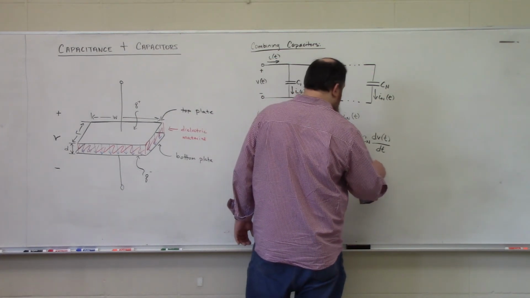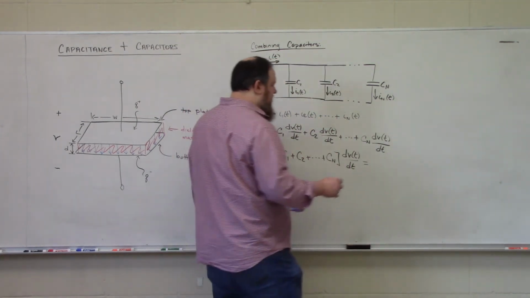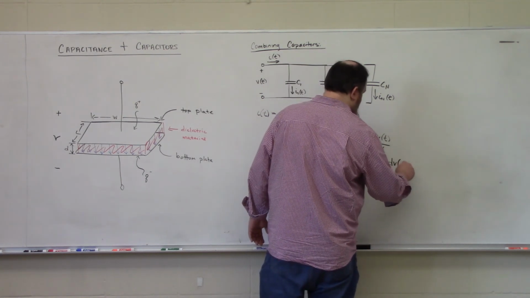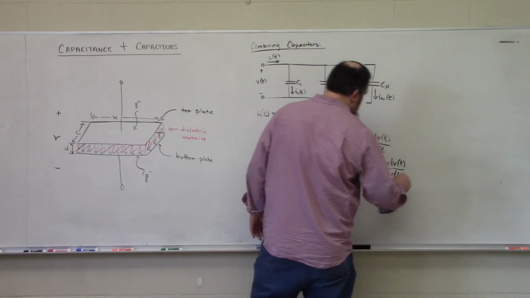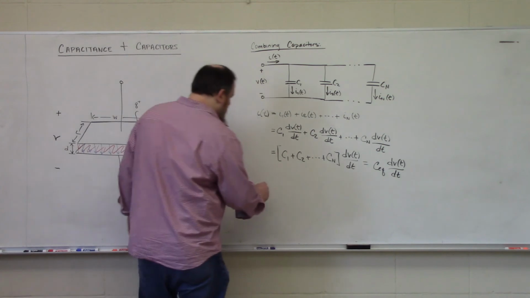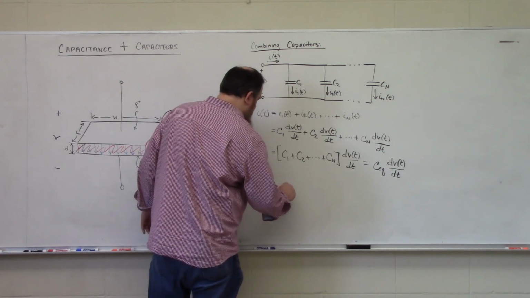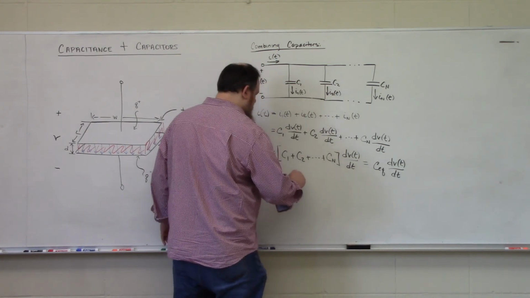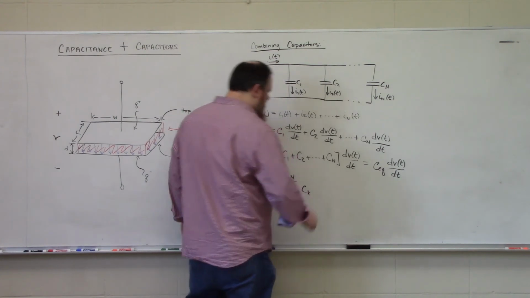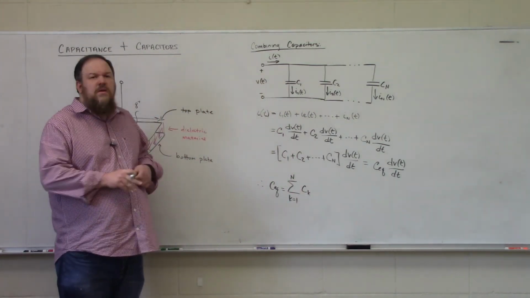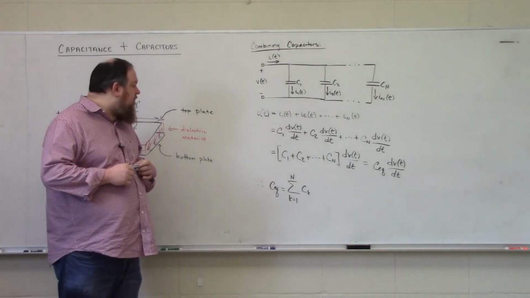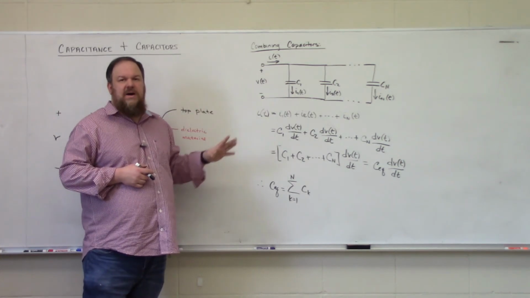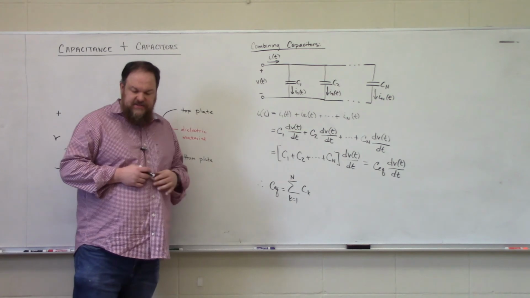And this, from the perspective of the current, looks like an equivalent capacitance, CEQ, multiplied by the derivative of the voltage, where the equivalent capacitance is simply the sum from k equal to 1 to n of all of the individual capacitors that are in parallel. So from this we can see that capacitors in parallel combine like resistors in series.